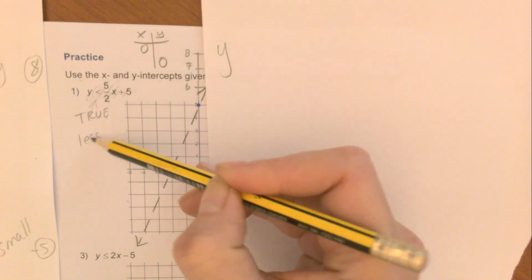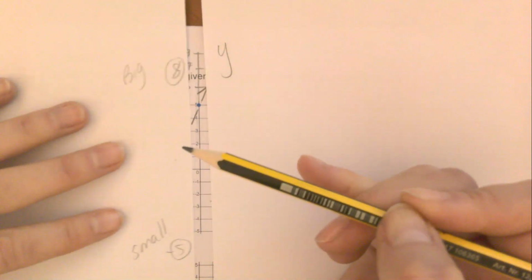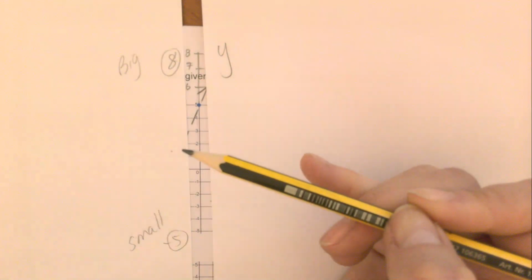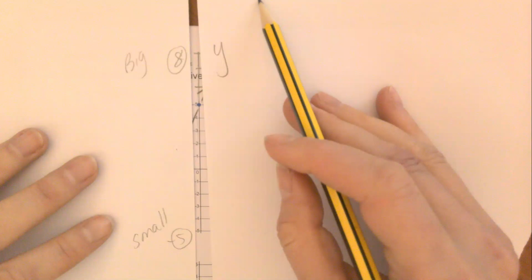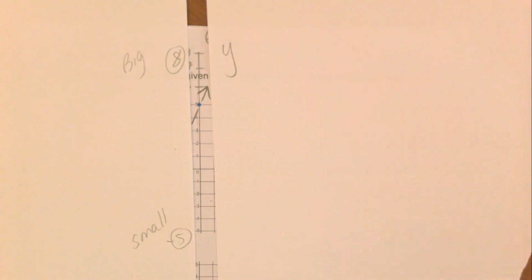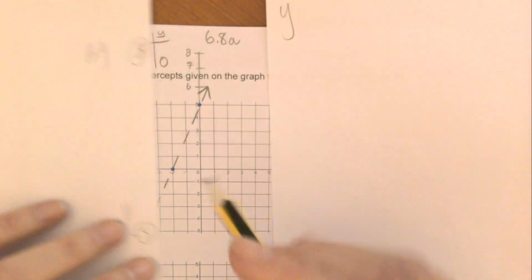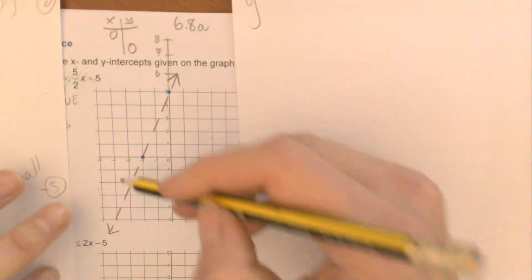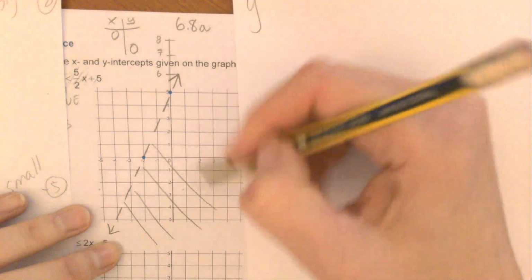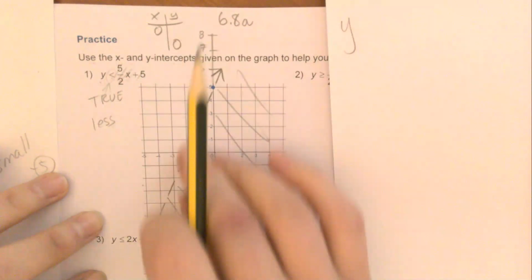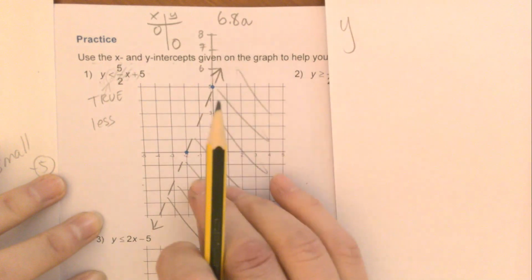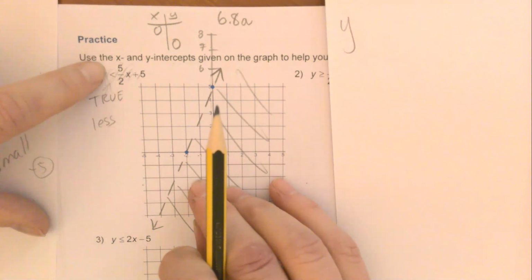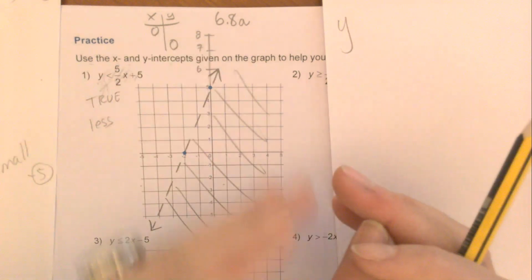So that means I have to choose the small. I have to color the small side. So all the y's that are on the small side will make this inequality true. So here's small, so that means I'm going to color down. So everything here, all my y values down here, if I put them in this, they have to be on the small side, so I'm choosing smaller.